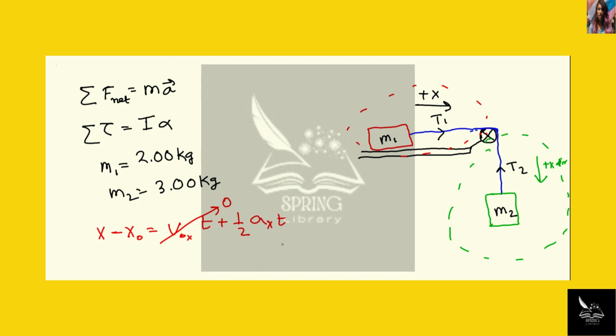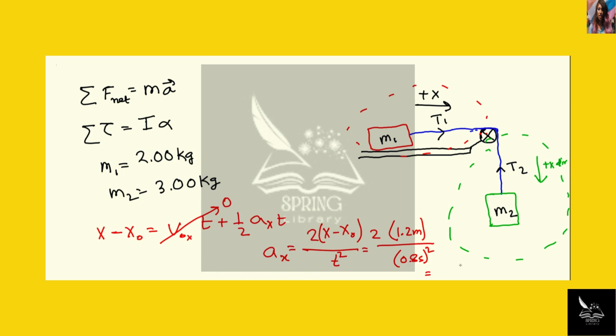So we'll have ax equals 2 times (x minus x naught) divided by t squared. And from here, we know that x minus x naught is 1.2 meters and t is 0.8 seconds.